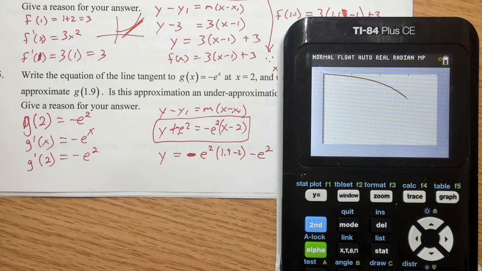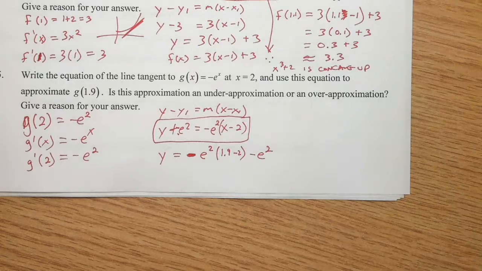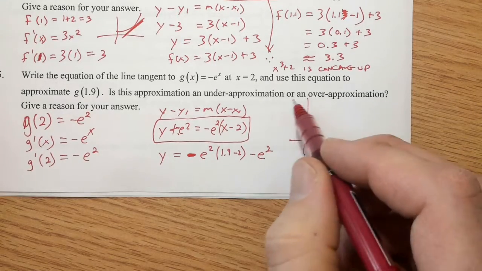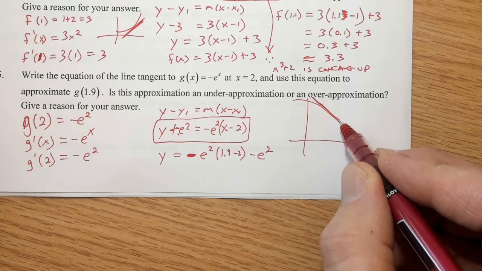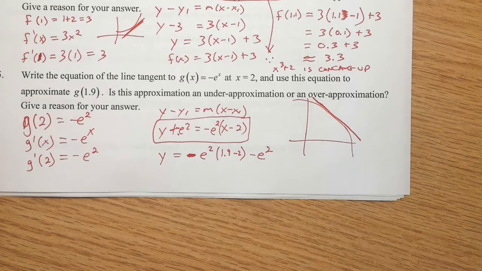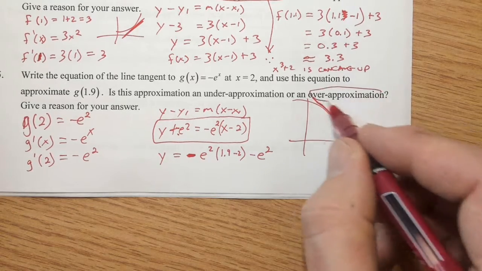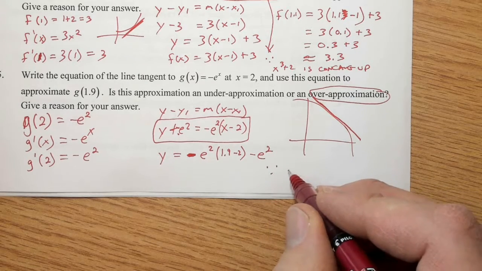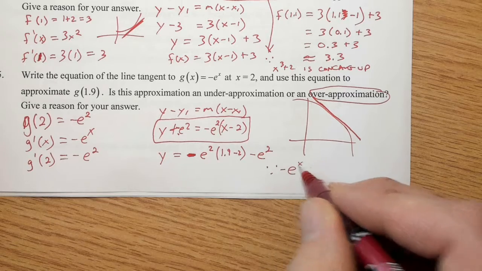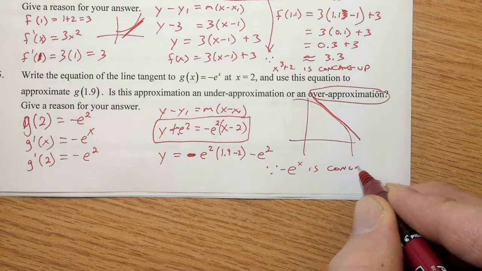We can clearly see that this function is concave down. And because the function is concave down, what we are looking at is a tangent line which is above the curve. So this is going to be an over approximation, and the reason why is because the opposite of e to the x is concave down.